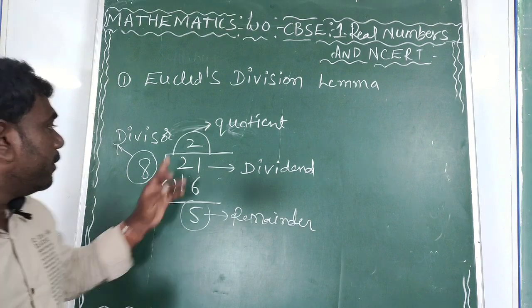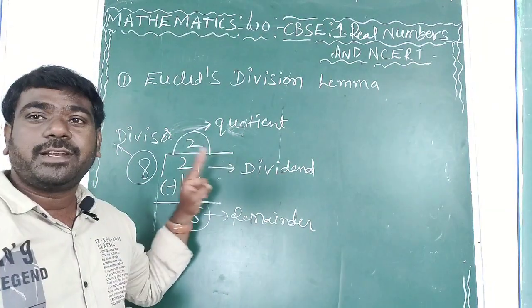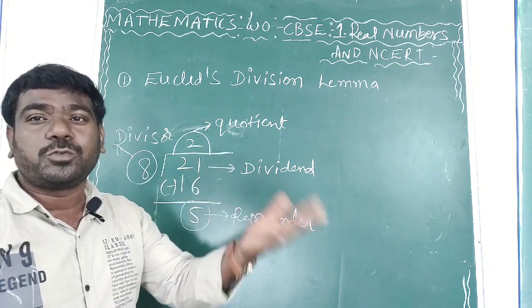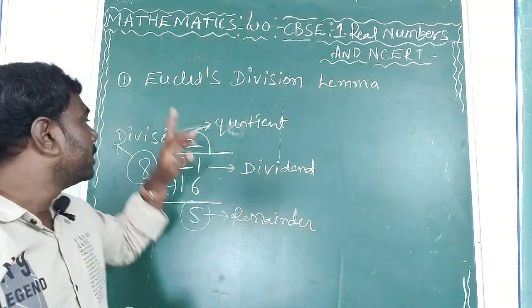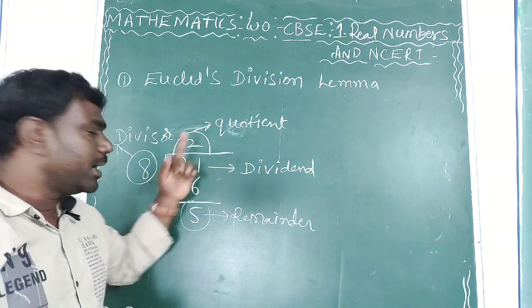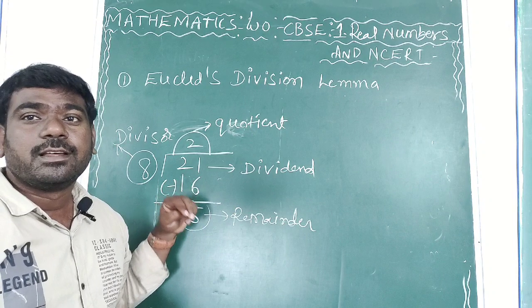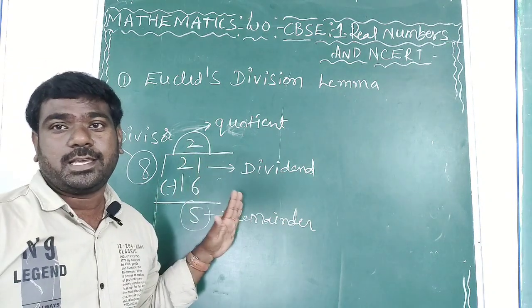Meaning, when we divide two numbers, we get another two numbers. One is the quotient, and another one is the remainder. What are the rules here?